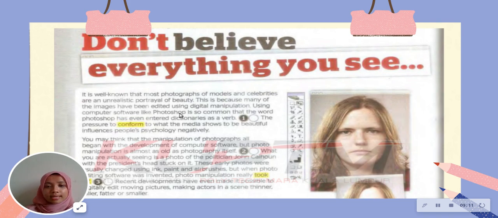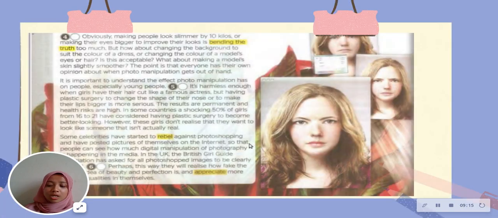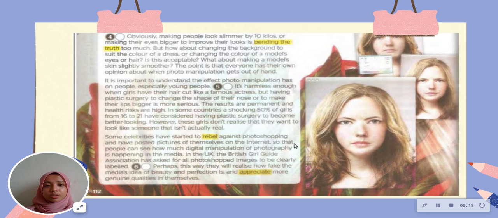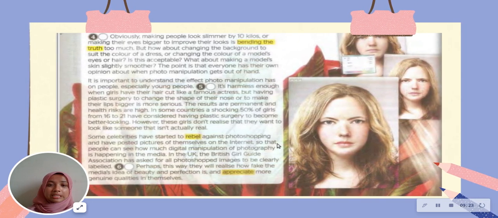Okay, so here I've divided the text into two. Actually it only has one page, but I divided it into two pages. I separated them because in this video I want you to see the text clearly, because I believe not all of you have the textbook.